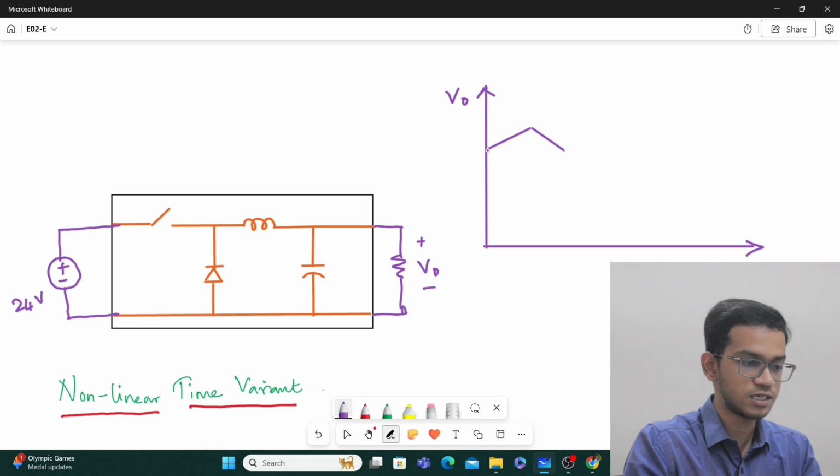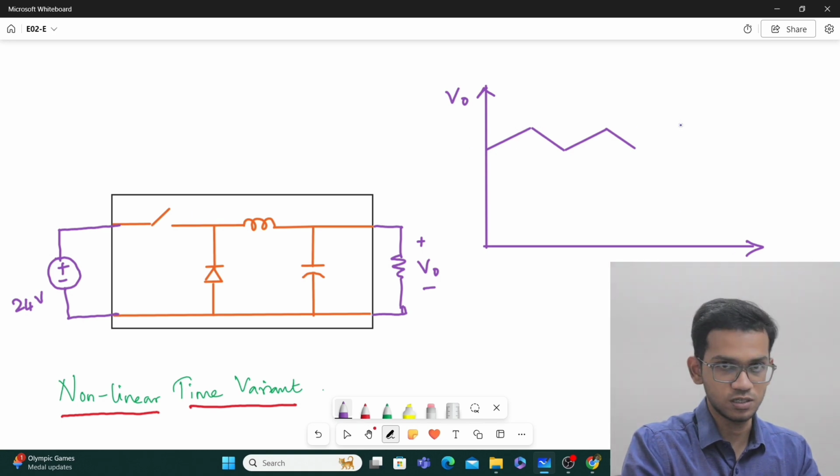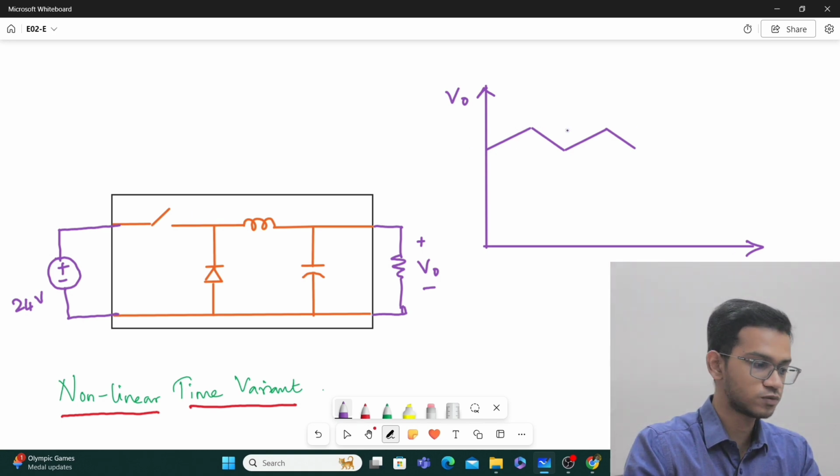For how much time it's rising and for how much time it's falling is basically dependent on your duty ratio. And again, it will rise, it will fall. You could see that my input here, in spite of being constant, because of the switching action, the switch is becoming on and off, and the switch is a part of the system here. Now we could evidently see that my output voltage is varying with respect to time and it's not a constant. So this explains why my system is a time variant system.